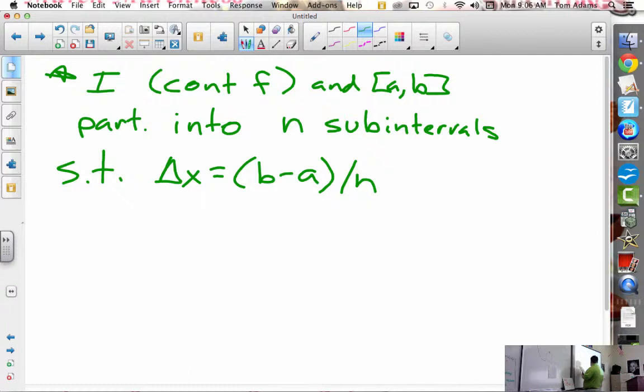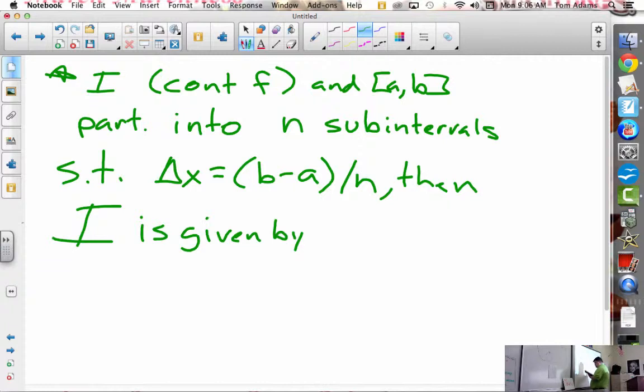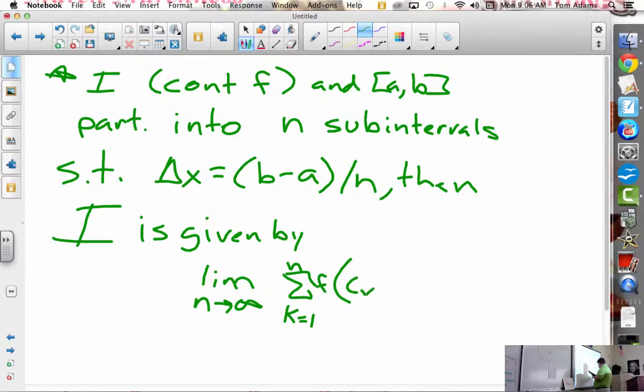Well, the definite integral is given by... Now, that's another way to say the same thing.